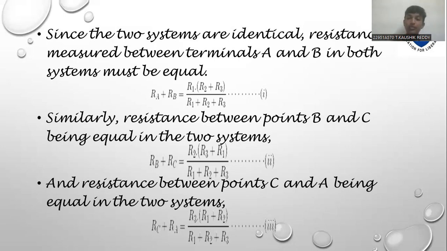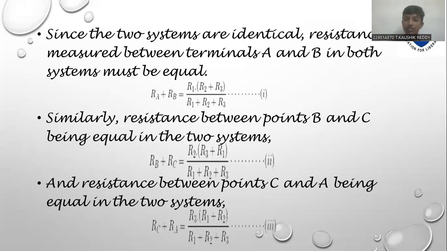Similarly, the resistance between points B and C being equal in the two systems, RB plus RC is equal to R2 into R3 plus R1 by R1 plus R2 plus R3.